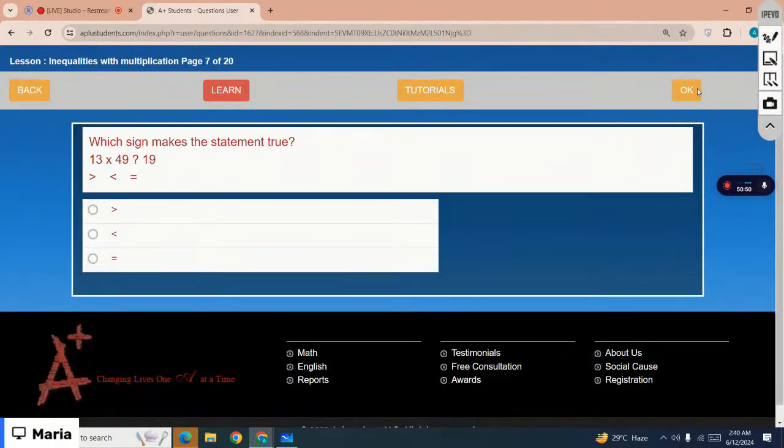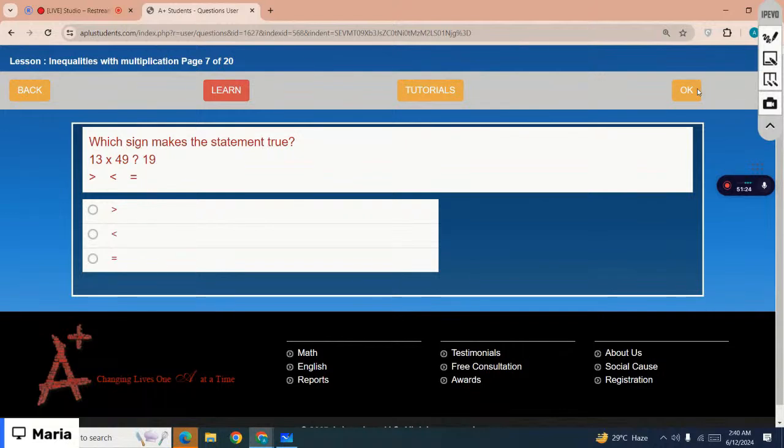13 times 49, you have to compare it to 19. So which is the correct option? Greater it is.